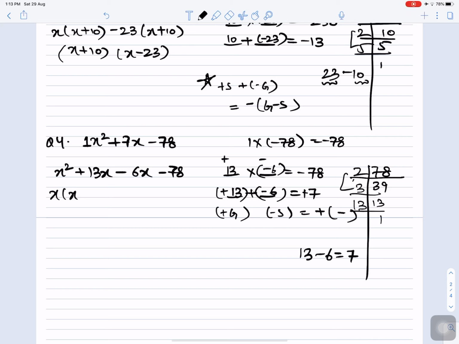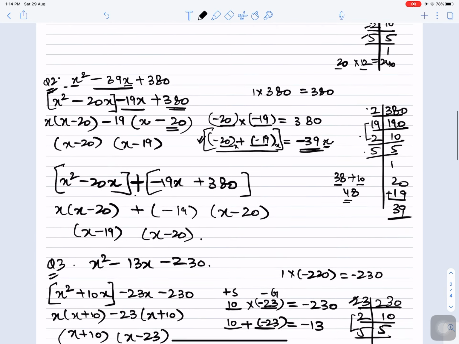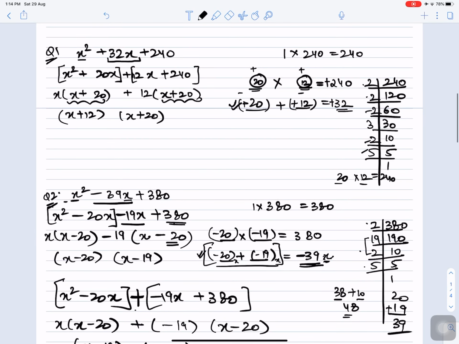If I take x plus 13 common and I take 6 common. You don't even have to divide. If you check the LCM, 3 to the 6, we are left with 13. So it's x minus 6 and x plus 13. That's how you will factorize any quadratic polynomial.